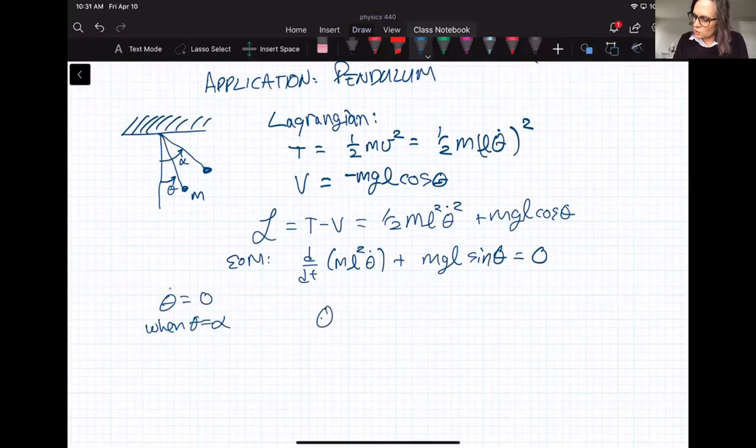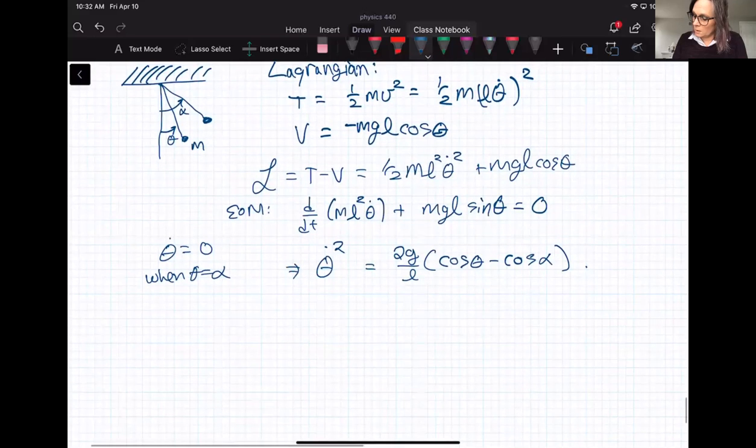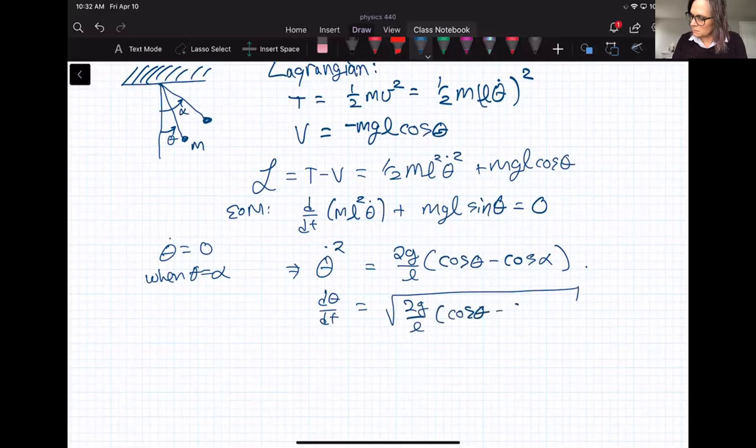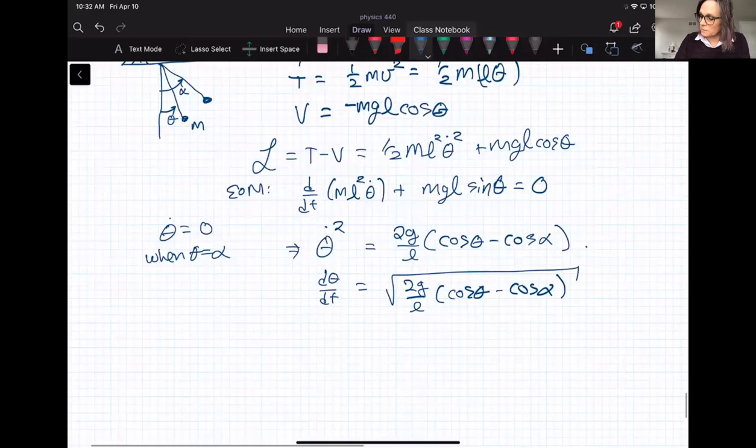We can eventually write that theta dot squared is equal to 2g over L times (cosine theta minus cosine alpha). But this is, of course, d theta dt, right? So then we have this integral, and our job is to integrate that.